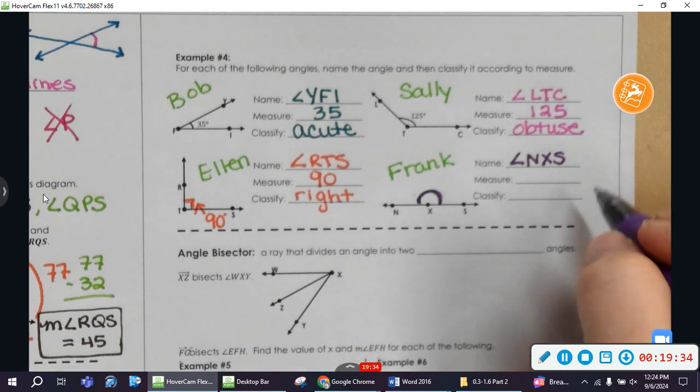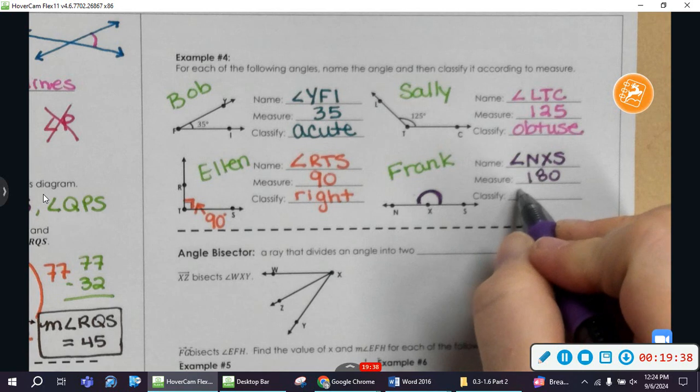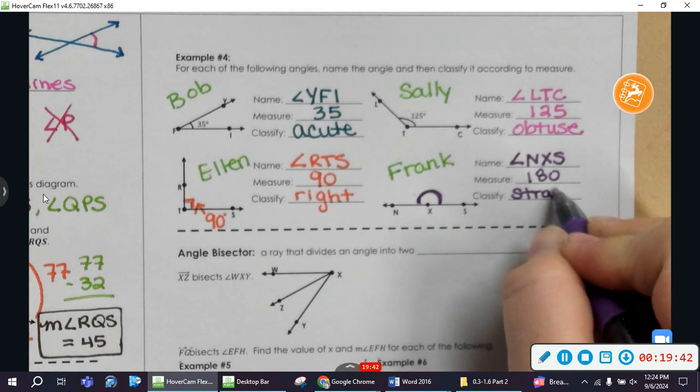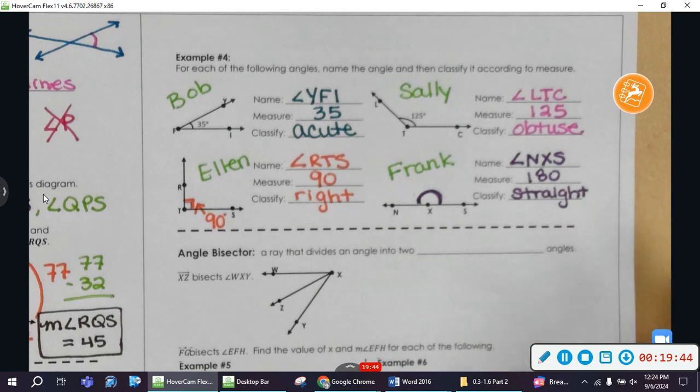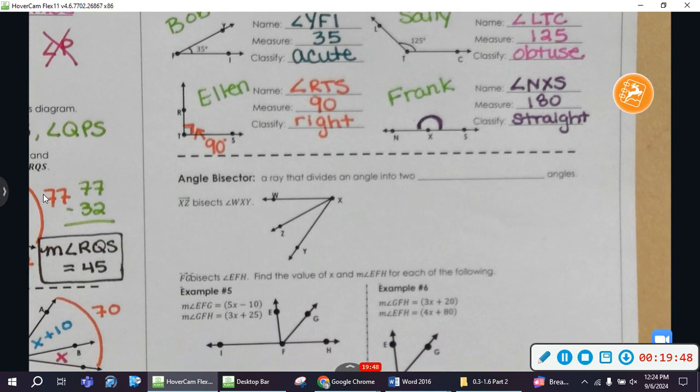So a straight angle has a measure of 180, and I actually already classified it for you as straight.